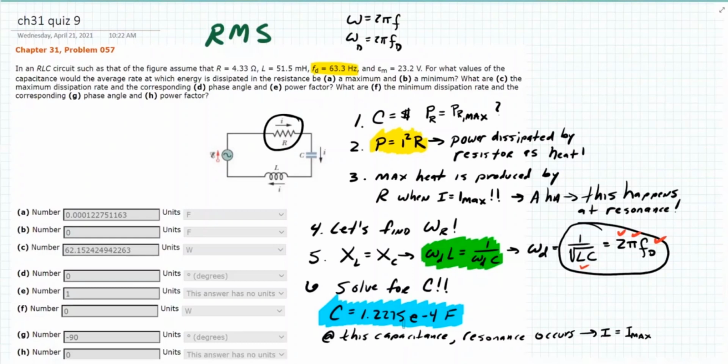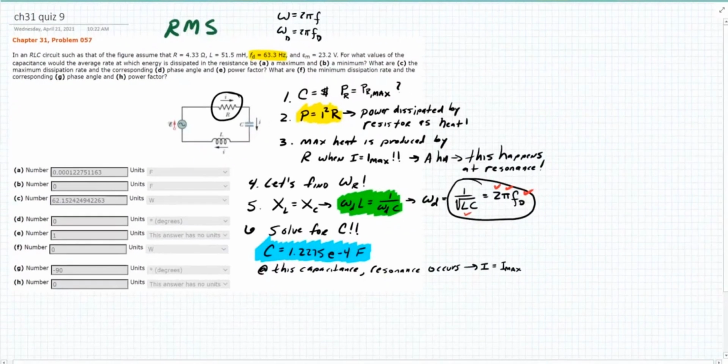All right. So what about part B? We'll do maybe part B and C, then take a short break. Number 7, part B is saying, okay, now that you know what to do to get that resistor to crank out as much heat as possible, what about the minimum?